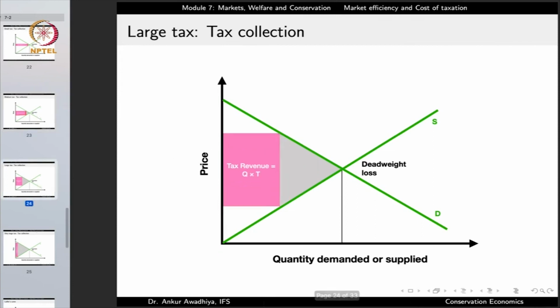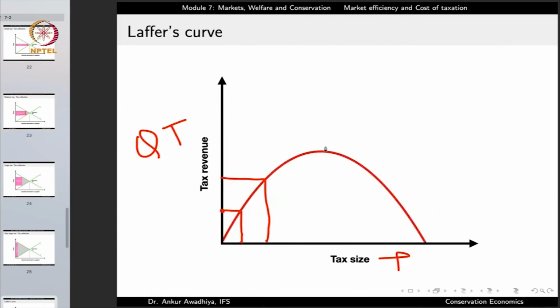Then it reaches a maximum. So we will have a maxima at this point. At this point, this is the value of T that the government should aim for to have the maximum revenue.